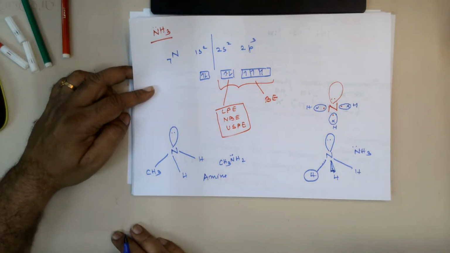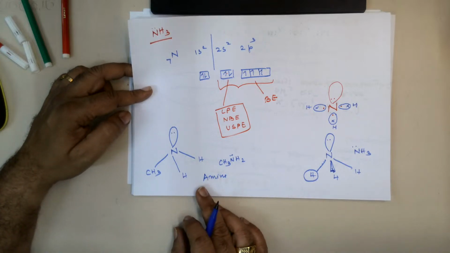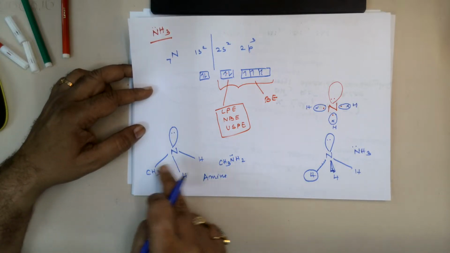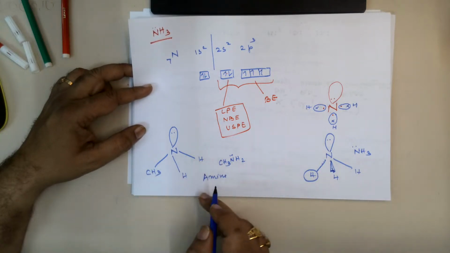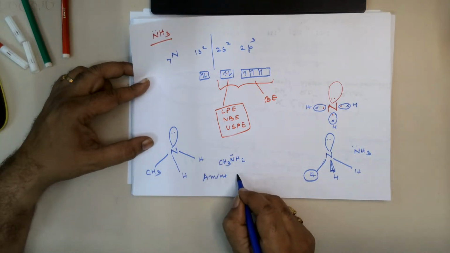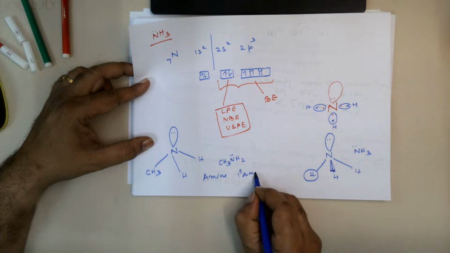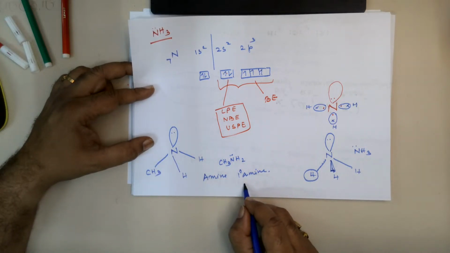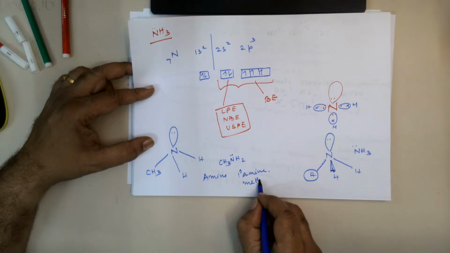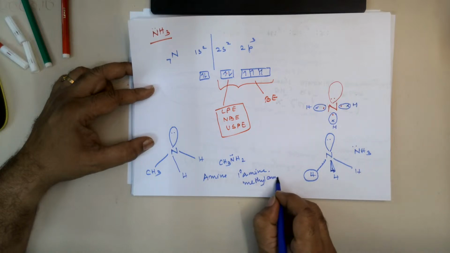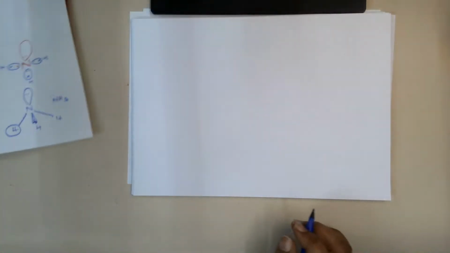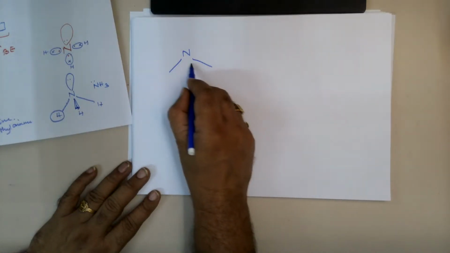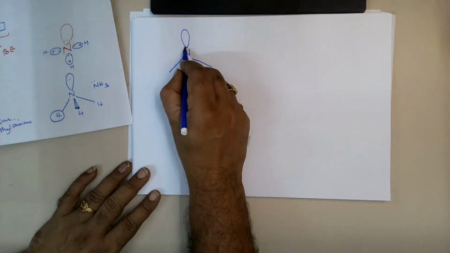Let me further expand it. We'll try to replace another hydrogen by a methyl group. And what about the earlier one? This is called a primary amine. Primary amine means it has got only one methyl group, one alkyl group. So methylamine. And let us consider the same nitrogen, bond, and there is a lone pair.